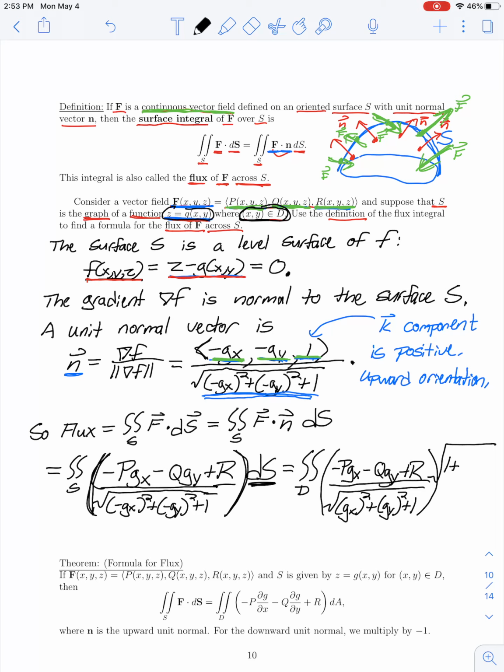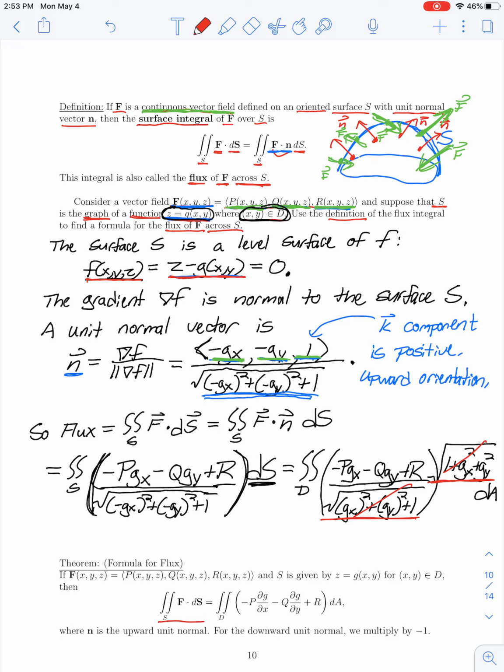Now here our surface was the graph of g of x y, so we have the square root of 1 plus g sub x squared plus g sub y squared, integrating with respect to area then. So we see that this square root of 1 plus the sum of the squares of the partial derivatives will cancel, and we arrive at the following.